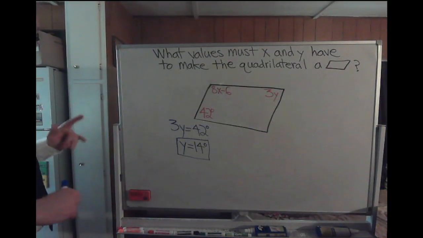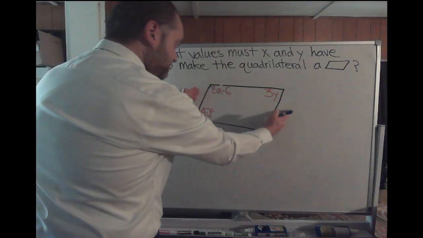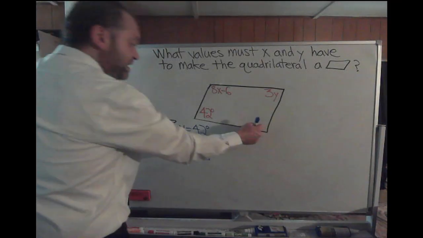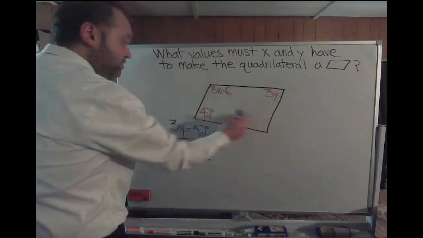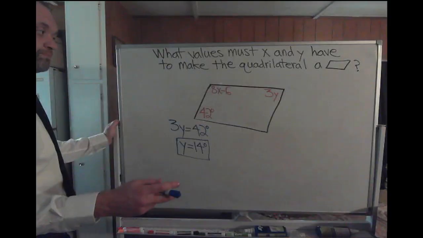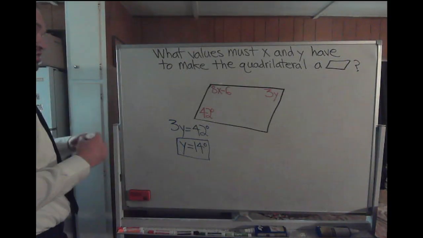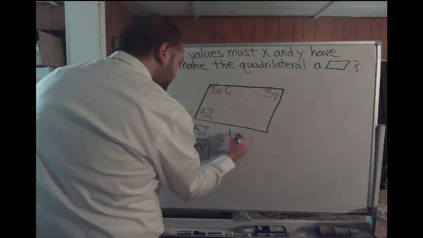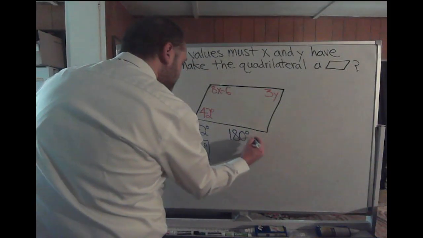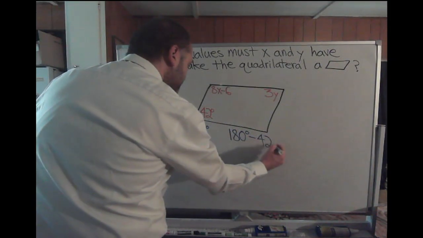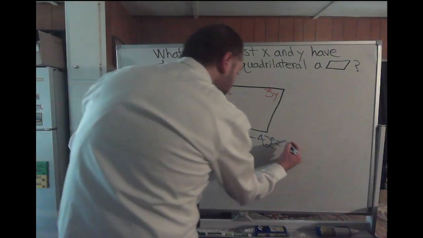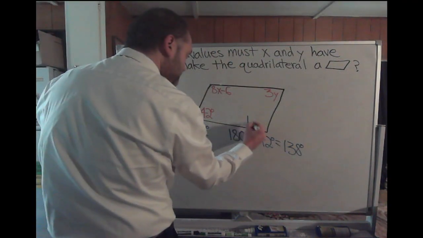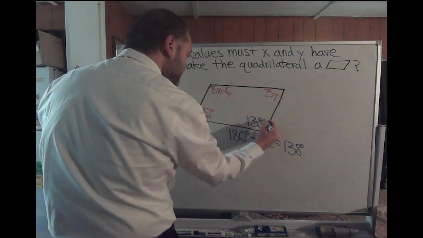If this is a parallelogram, that means these two sides are parallel. This is the transversal, meaning this angle is the same side interior angle to the 42 degrees. So we subtract 42 from 180. So 180 degrees minus 42 degrees would equal 138 degrees. So the missing angle here is now 138 degrees.